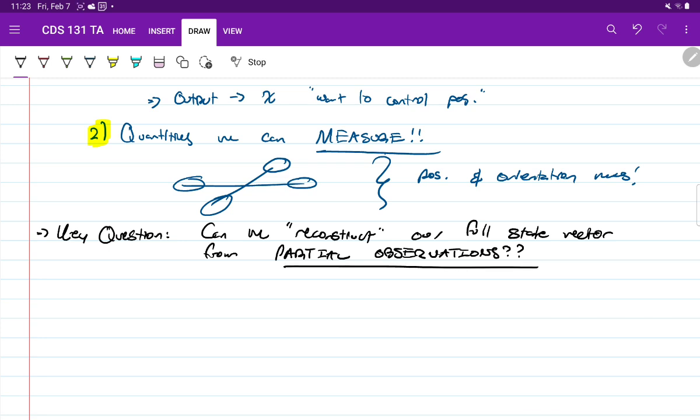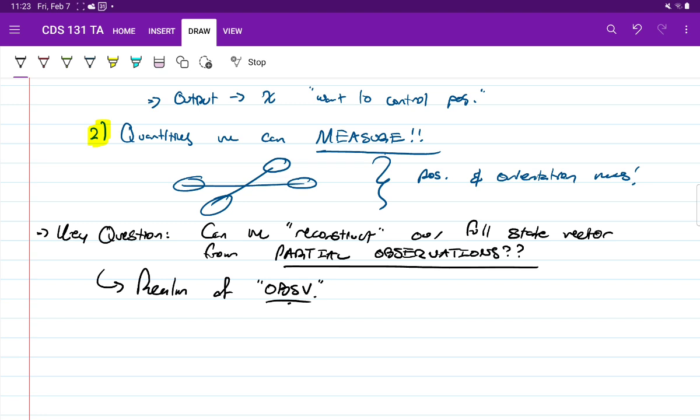Let's say, for example, I'm only able to measure the position of my system, and I get some position signal over time. Would I be able to construct my full position and velocity state vector? This is what observability deals with. This is the realm of observability. We say that a system is observable if we're able to reconstruct our full state vector from any sequence of measurements that we want. We're going to make this idea a little bit more precise momentarily.